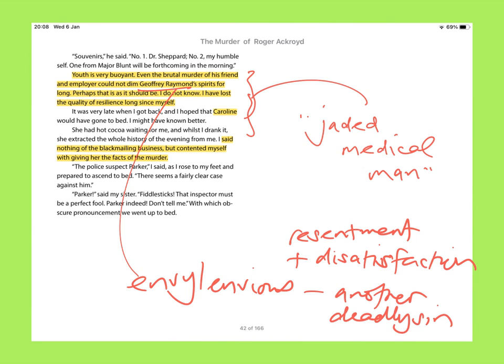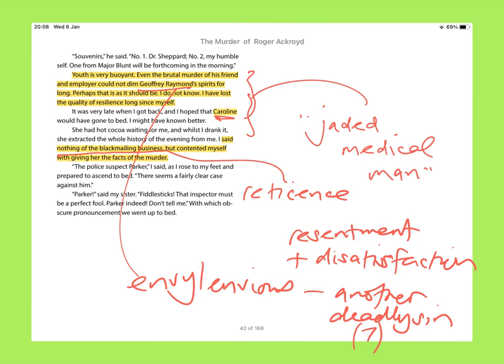Back home to his sister here, obviously Shepherd has to be very careful what he does and does not disclose in front of his sort of nosy, busybody, gossiping sister Caroline, and obviously an example of reticence here. I said nothing of the blackmailing business, obviously and understandably a sore point, but contented myself with giving her the facts of the murder.